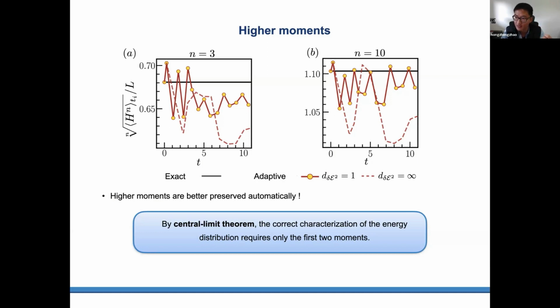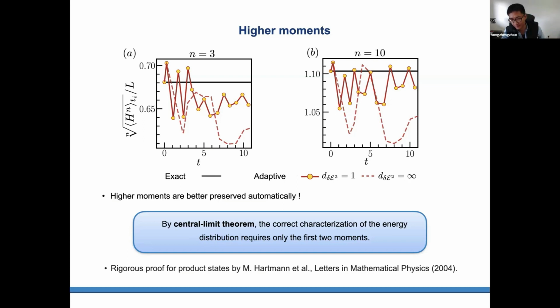But for the easiest accessible ones, for instance, product states, there actually exists a rigorous proof for this energy distribution, by Michael Hartmann and others, and mathematically you can show that the energy distribution approaches the Gaussian distribution in the thermodynamic limit.